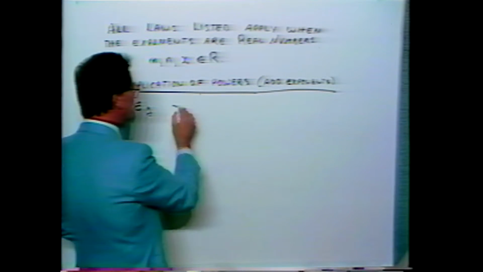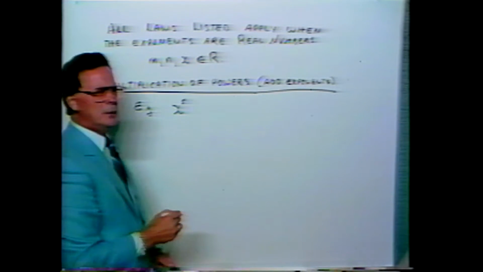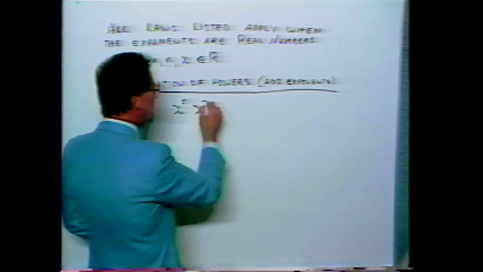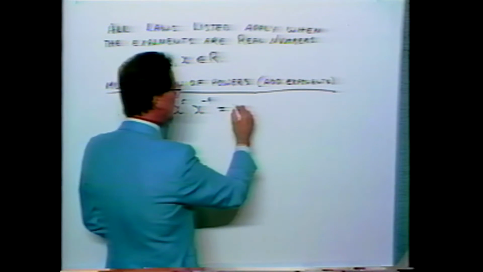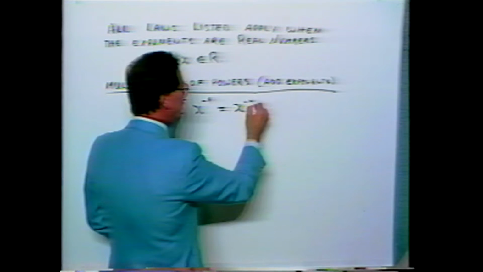X to the fifth multiplied by x to the negative 9. Add the integers, and the result is x to the negative 4.